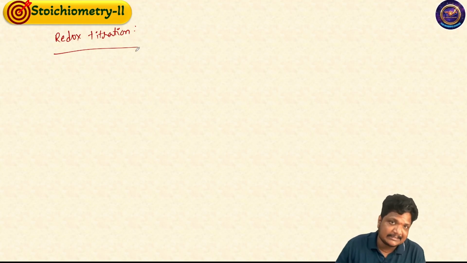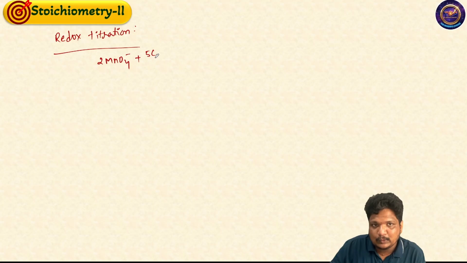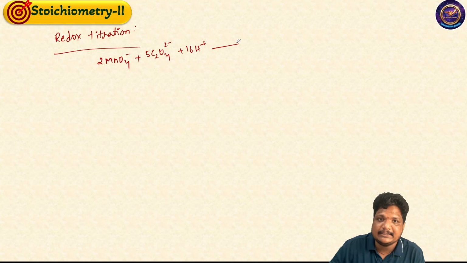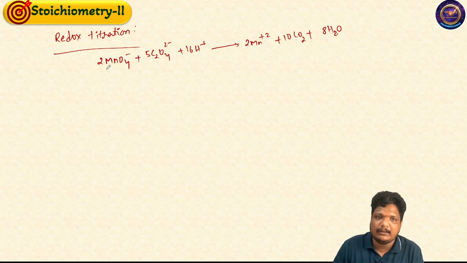In this, if you observe, 2MnO4 minus plus 5C2O4 2 minus plus 16H plus gives rise to 2Mn plus 2 plus 10CO2 plus 8H2O. So this is the titration between potassium permanganate and oxalic acid.